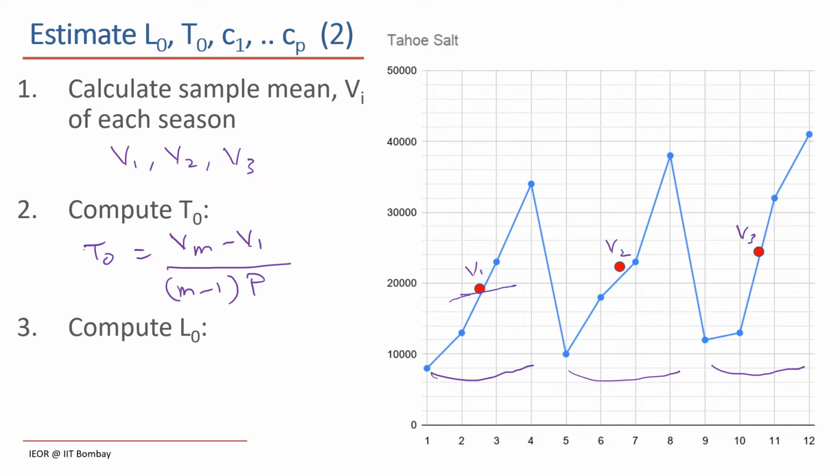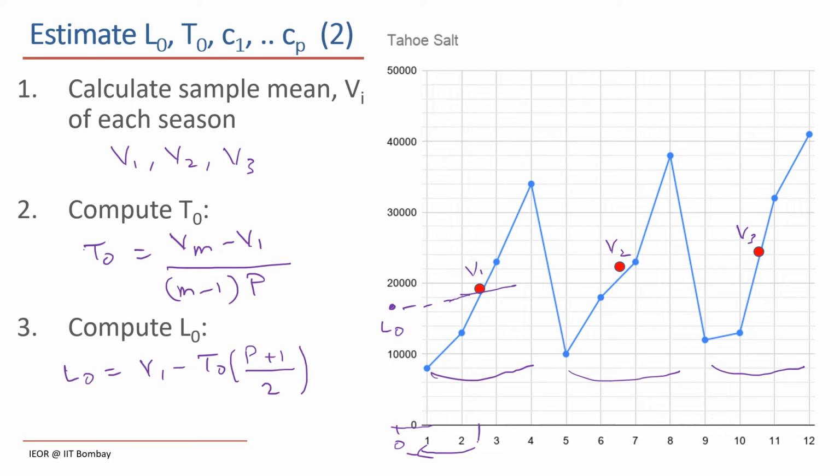Now I want to estimate the initial value L0. The L0 value lies outside this range: the x-axis starts at 1, but I want 0. To get it, I can simply extrapolate because I already know the value V1, I know the trend at that point, and I know the distance from V1 to that point. I am going to use that information to compute L0. The expression for L0 comes out to be V1 minus T0 times (P plus 1) divided by 2.